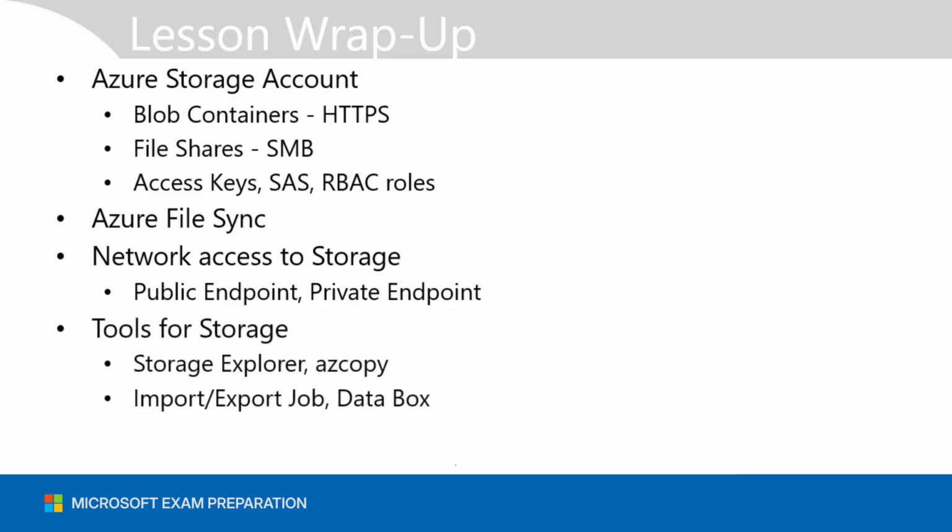We also looked at tools to use Azure Storage. In addition to the portal, there are desktop tools like Storage Explorer. AZ Copy is a command line tool. And then there are some services or setups you can do in the Azure portal if you want to manage offline load of data. That's import-export job or Data Box.